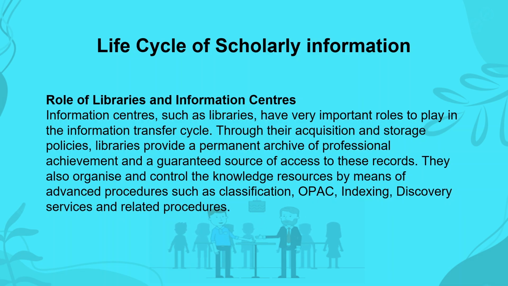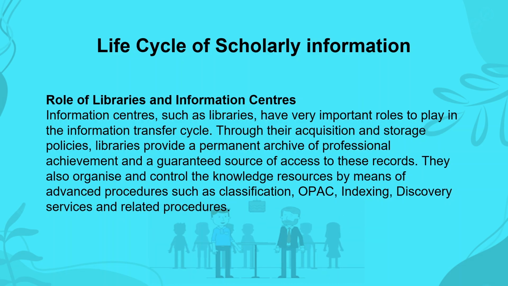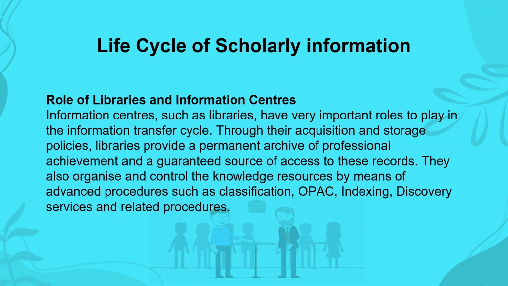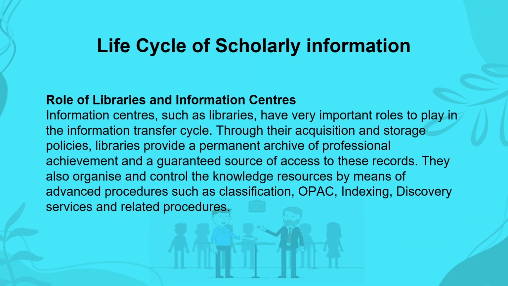Through their acquisition and storage policies, libraries provide a permanent archive of professional achievement and a guaranteed source of access to these records. They also organize and control the knowledge resources by means of advanced procedures such as classification, OPAC, indexing, discovery services, and related procedures.